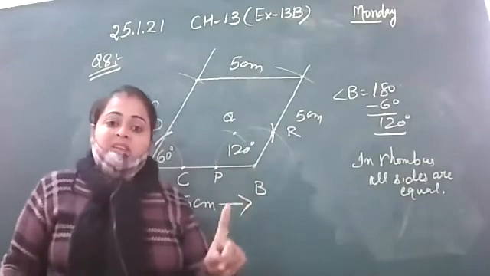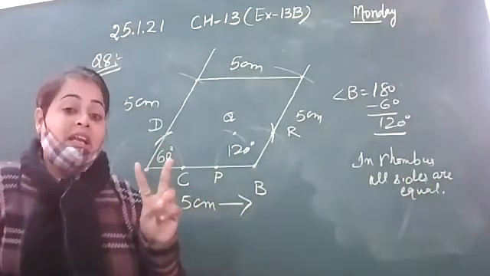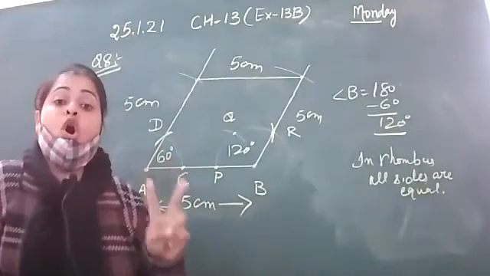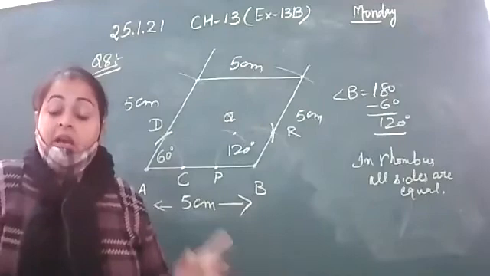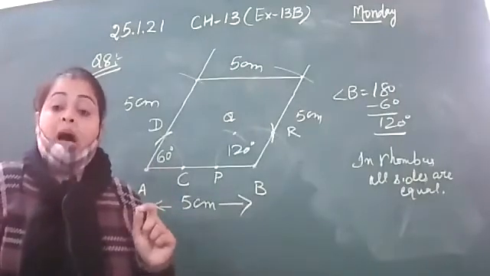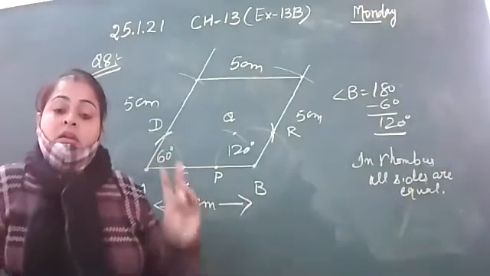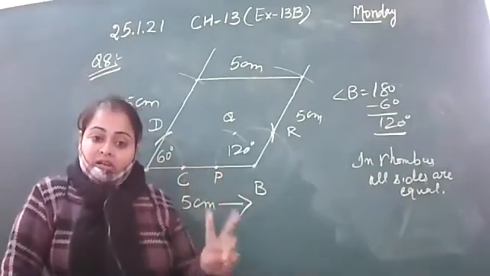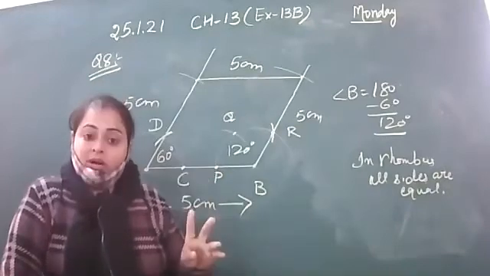So in rhombus and in square, we have 2 quadrilaterals in which all the 4 sides are equal. Okay, so note down this point. This can come as an MCQ or fill in the blanks. Name 2 quadrilaterals in which all the 4 sides are equal.